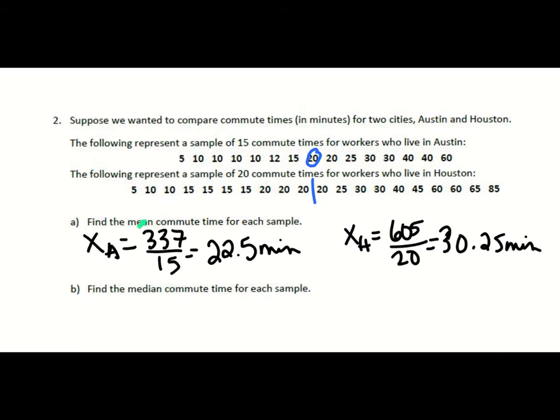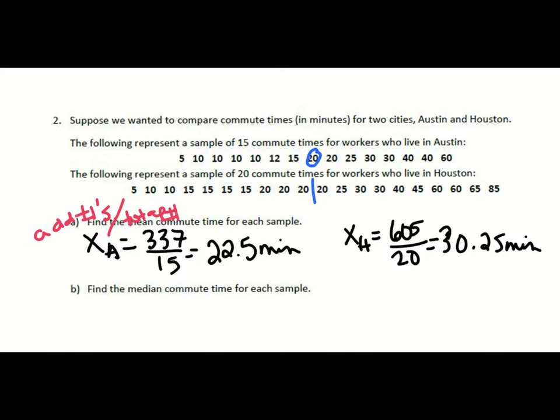So to find my mean, again, you add all of these numbers up on a calculator and divide by 15. And then to find my mean for Houston, you add all of these numbers up on a calculator and divide by 20. So you're going to add your numbers and divide by the total. Okay, and that's how I get those.